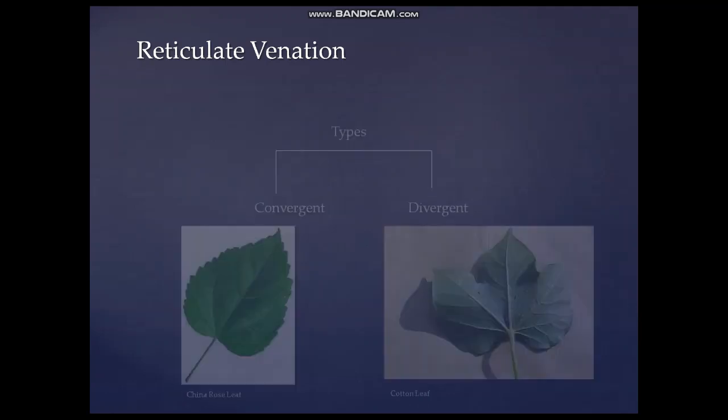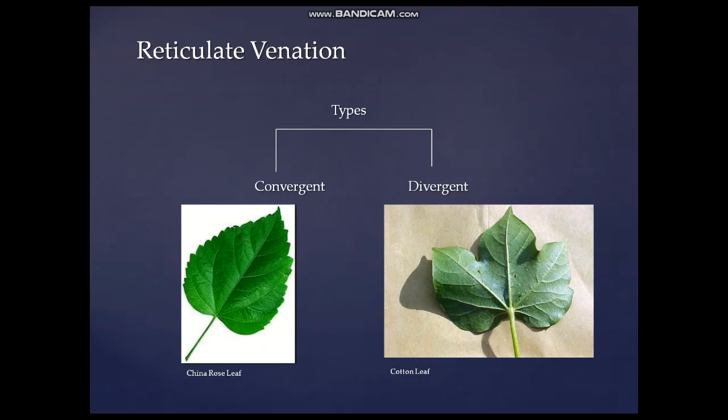Now look at this diagram. In convergent, many midribs ultimately meet at the apex. In divergent, the many midribs do not reach up to the apex, but diverge from each other.